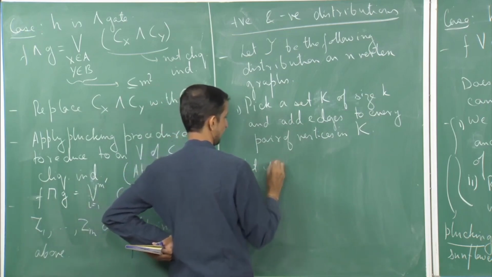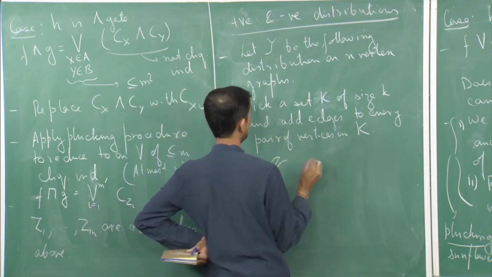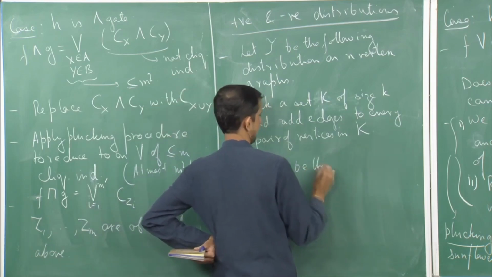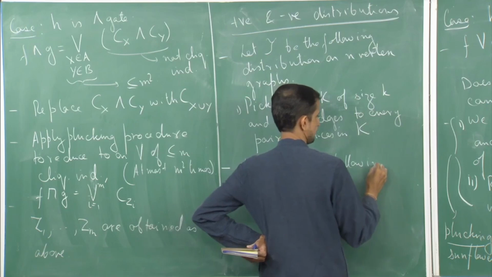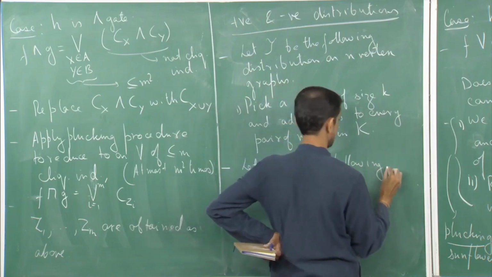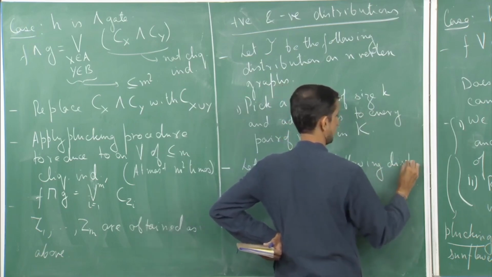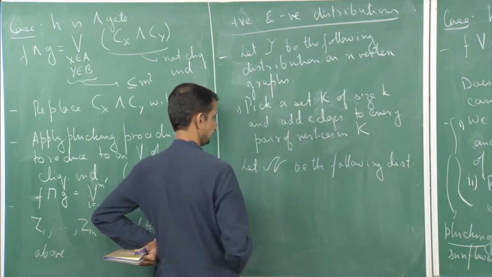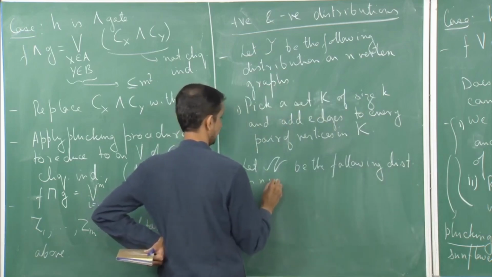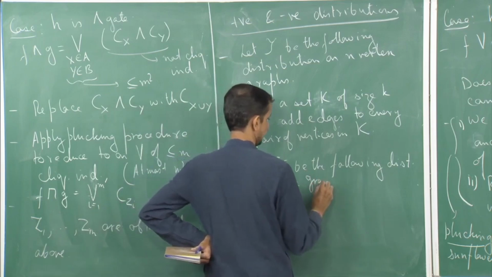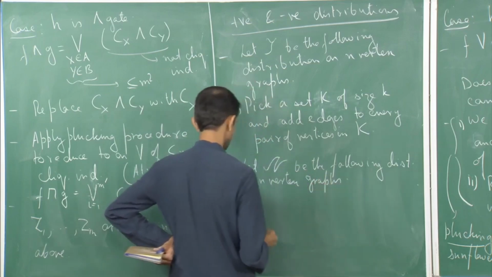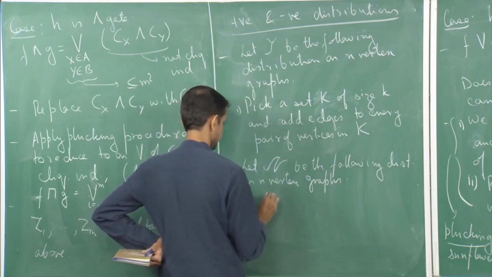And the second one is, let N be the following distribution, again on n vertex graphs. Okay.